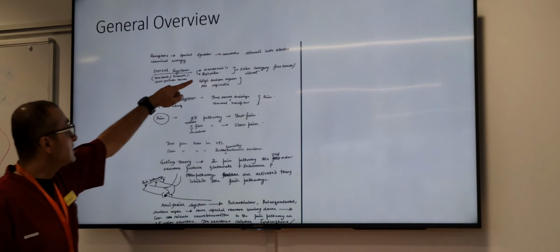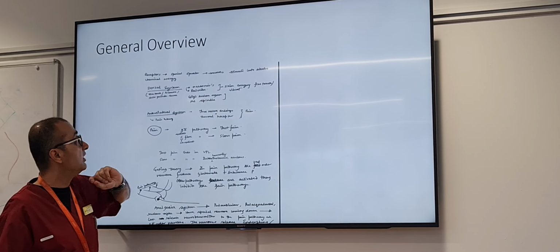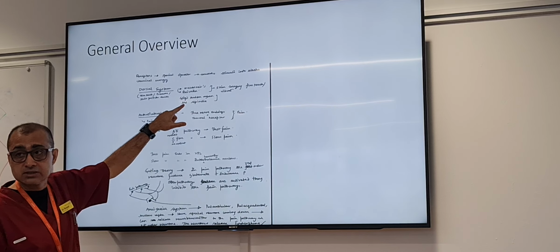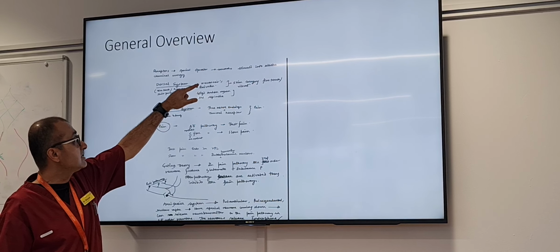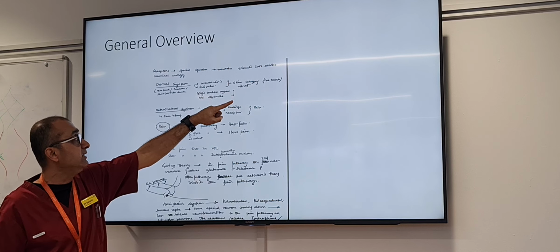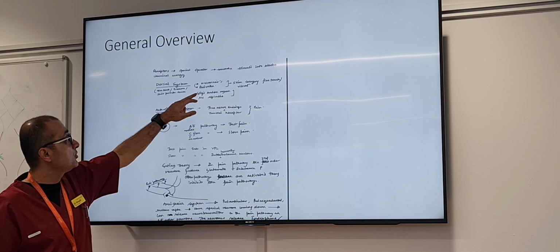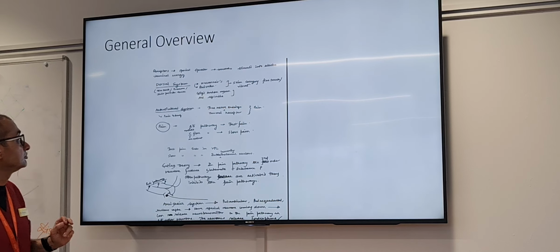Meissner's and Pacinian corpuscles carry fine touch and vibration respectively. And for proprioception, the Golgi tendon organ and muscle spindle are responsible for carrying it.